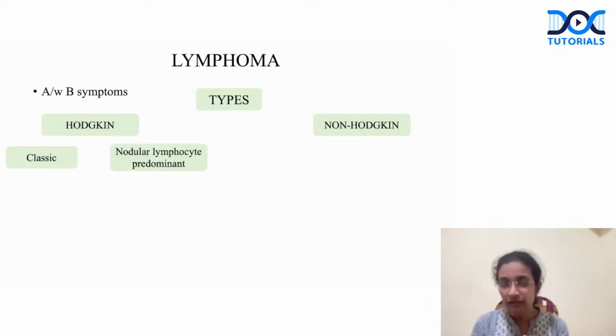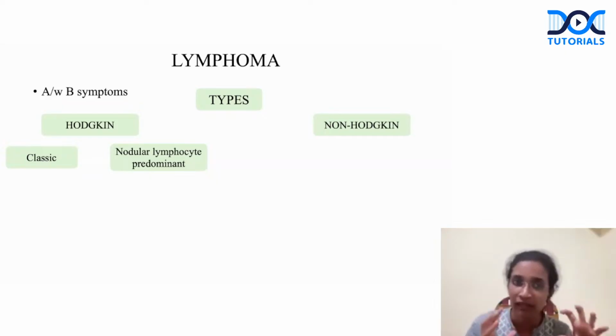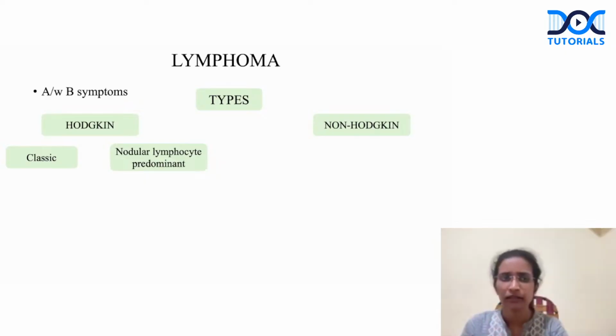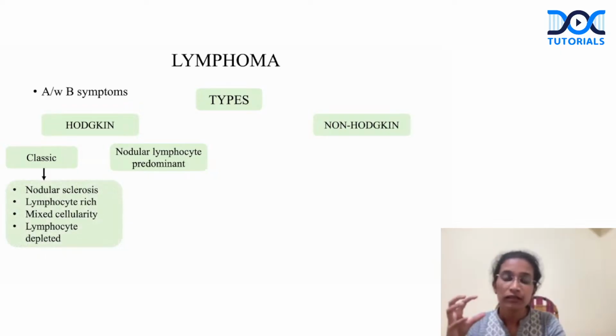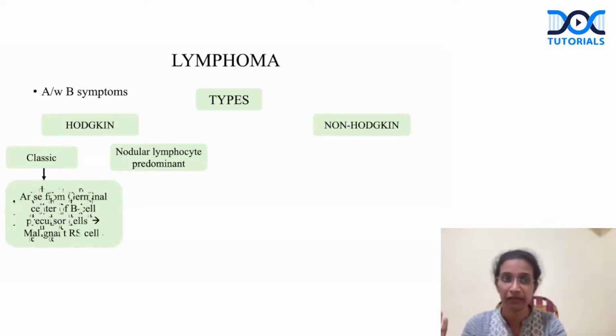In Hodgkin's, the classic type is the most predominant one. 90 to 95% of Hodgkin's are classic type, and the other type is the nodular lymphocyte predominant type. The classic type can be classified as nodular sclerosis, lymphocyte rich, mixed cellularity, and lymphocyte depleted.